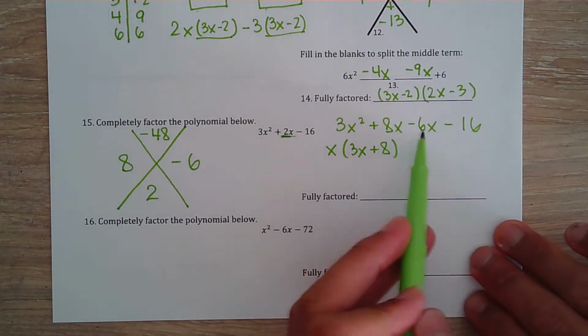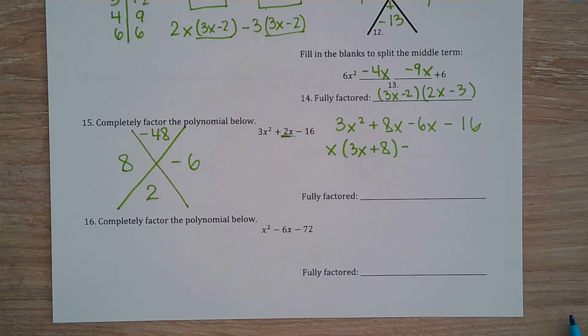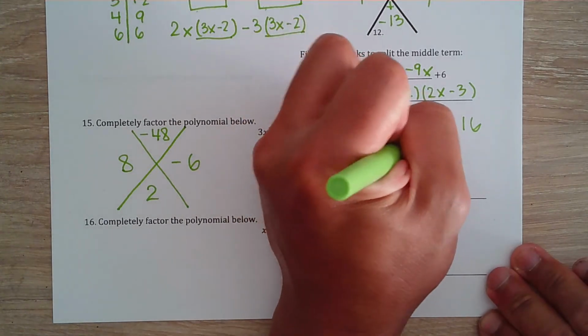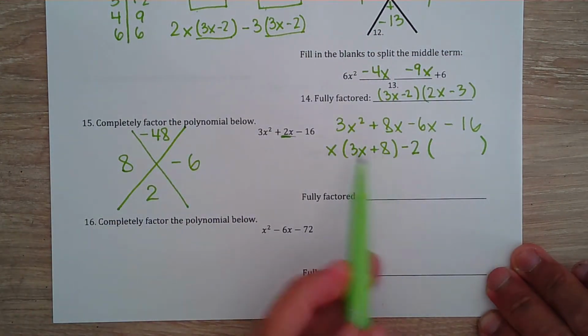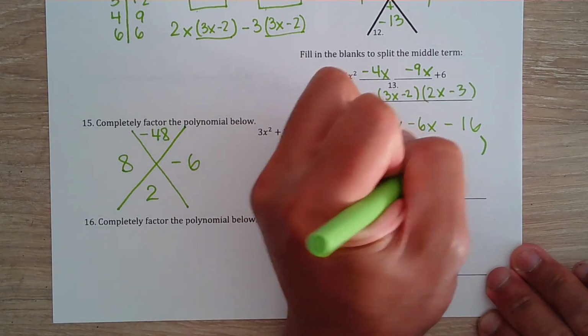Then we see that we have a negative, so we should go ahead and remember that we need to factor out a negative. All right, so our greatest common factor of this would be negative 2. And then in parentheses, hopefully it matches with 3x plus 8. So negative 2 times 3x, yep.